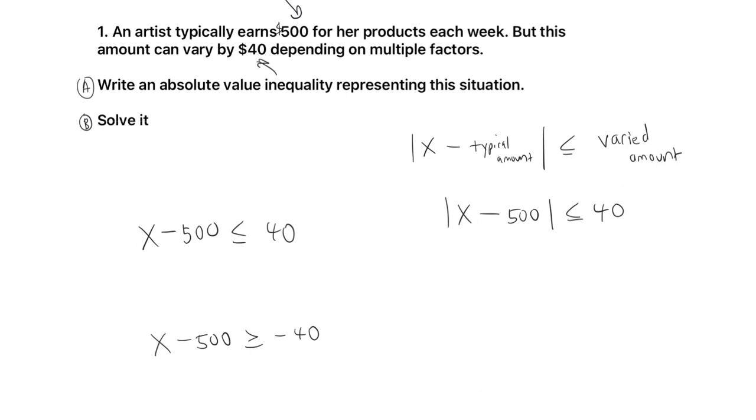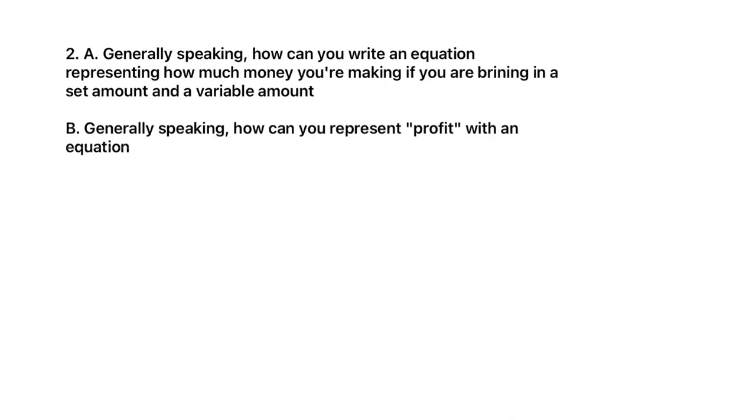And then you would just solve each. So this would, of course, be x is less than or equal to 540. And in this case, x is greater than or equal to 460. So we know that x has to be between 460 and 540. And that's something we could graph as well.